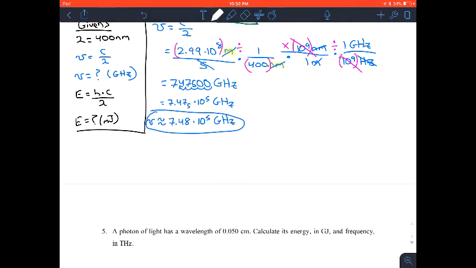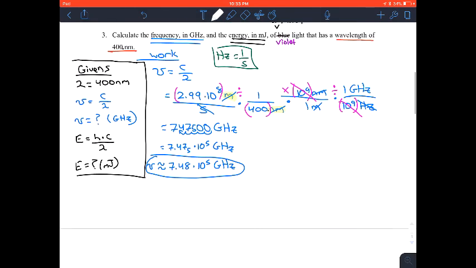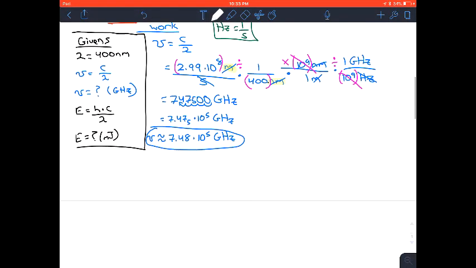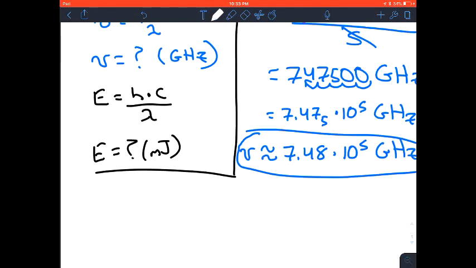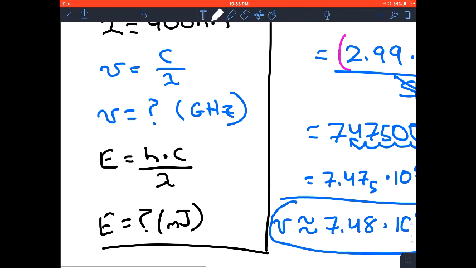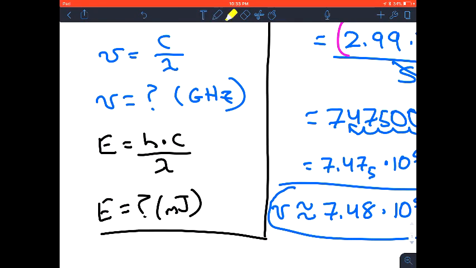So let's move on and calculate our energy in millijoules. So remember, we made the switch here. We substituted in nu for c over lambda.